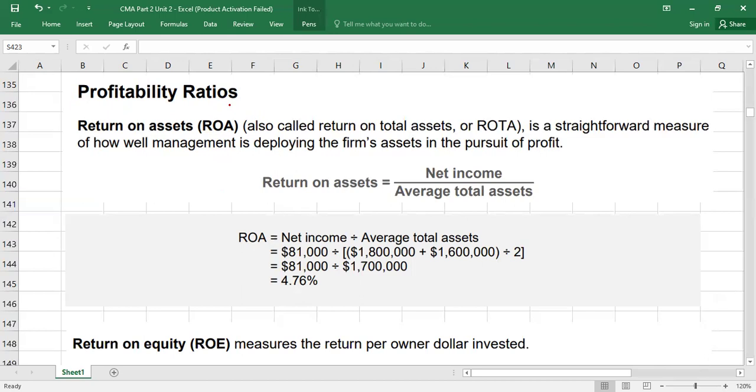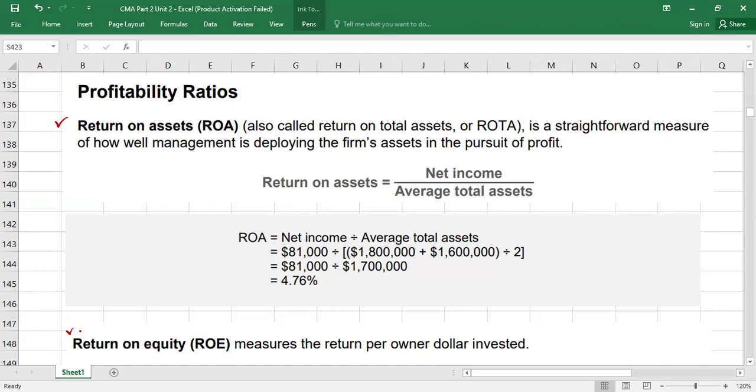In the previous three ratios, gross profit, operating profit, and net profit ratio, we can collect the data from the income statement only. But when you calculate return on asset or return on equity, we need values from the income statement and also from the balance sheet. So both values are required now.